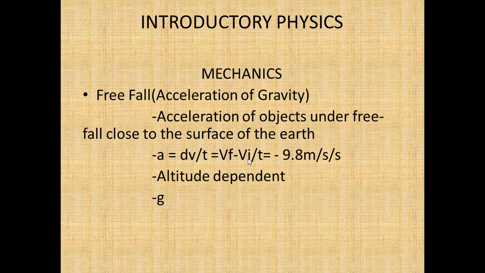If you have a free fall, say you drop something or you fell out of the airplane, you're not going to have an initial velocity. So if you have a ball in your hand and you drop it, the initial velocity is going to be zero. So the acceleration is equal to the final velocity over time.